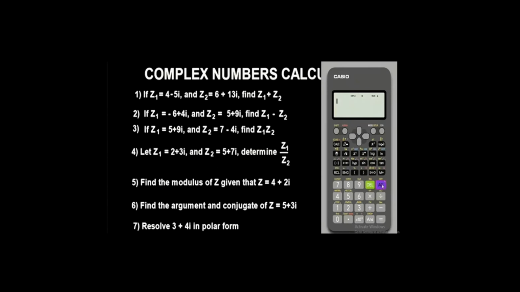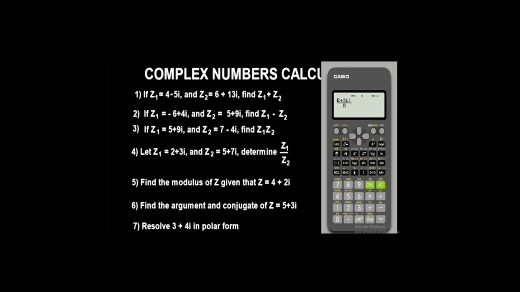Let's solve question 4. So this time our division, we have to find z1 over z2. So in fraction, we have z1 to be 2 plus 3i. Okay, so let's put it in bracket, guys.